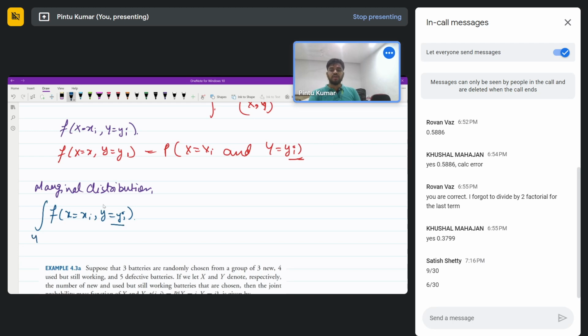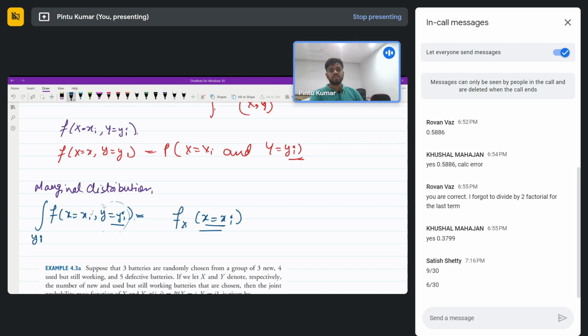If I take its sum over all Yi's, what do I obtain? I obtain X is equal to Xi. So I now get a distribution in just one variable, the probability that X is equal to Xi, because I summed over all the Yi combinations.